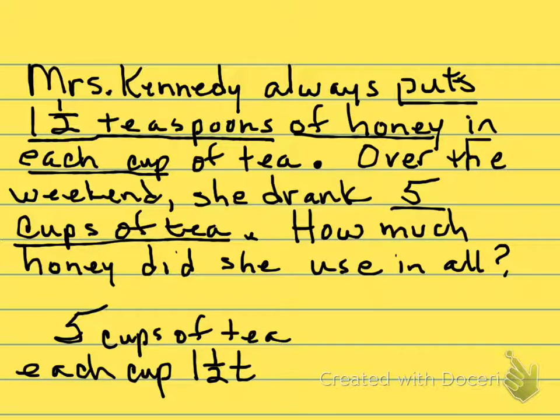So let's work this out. 5 times 1 1/2 equals. Well, at this point, we're going to say 5 is our number of cups of tea. 1 1/2 is the number of teaspoons of honey per cup. So we're going to have to figure this out.